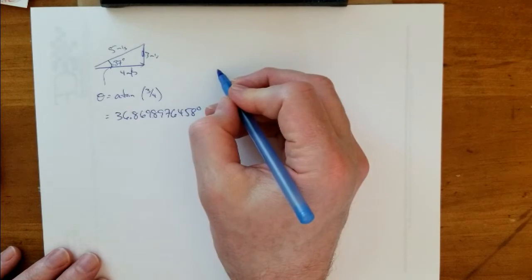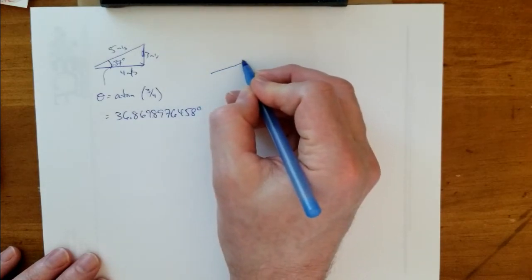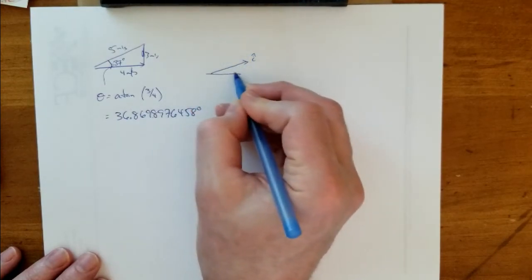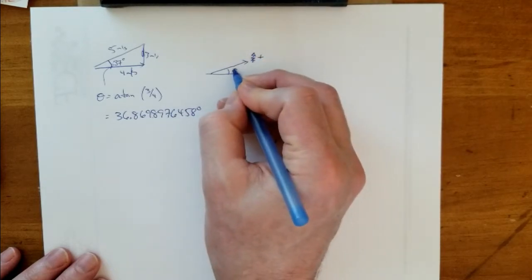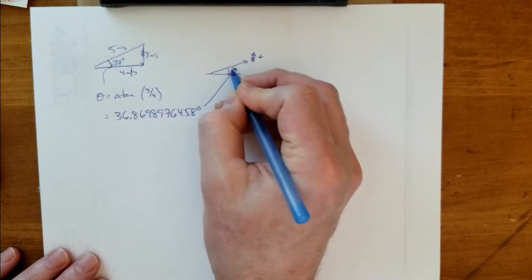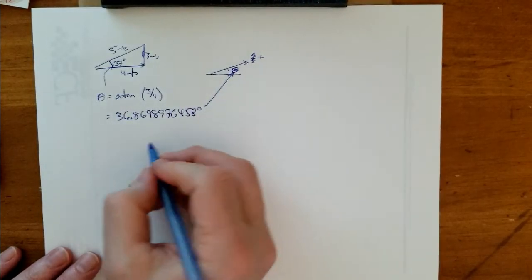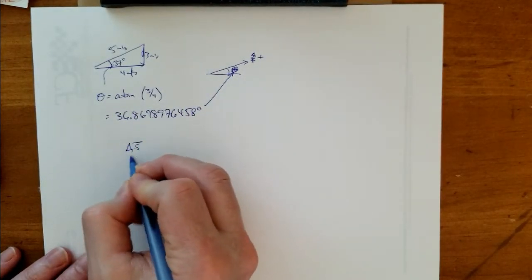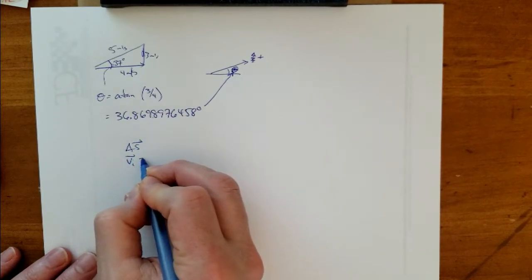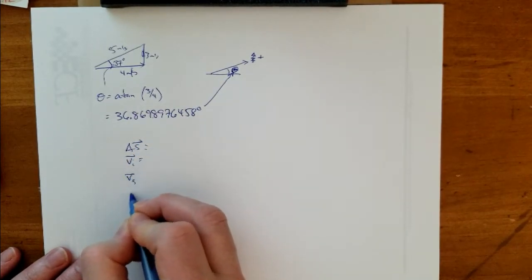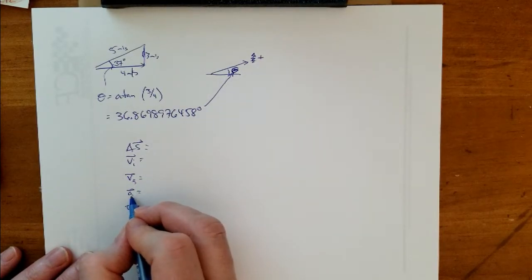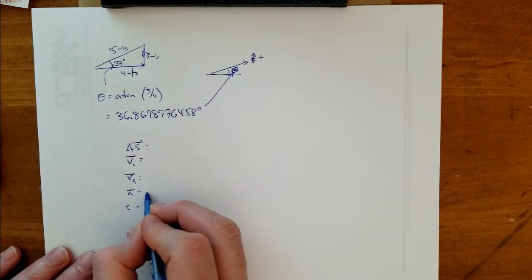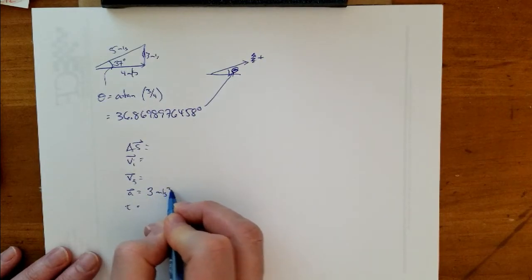I'm just going to redefine my coordinate system. I'm now going to define my coordinate system as I hat in that direction. Or actually, I'm just going to make that the positive direction at that angle theta there. And so now the problem becomes I have delta S, VI, VF, A, and T. So acceleration is in the same direction at 3 meters per second squared.